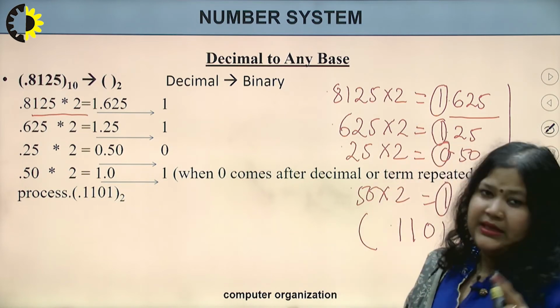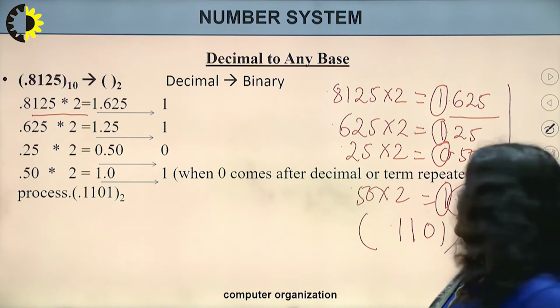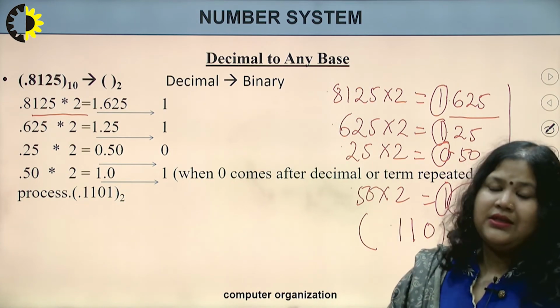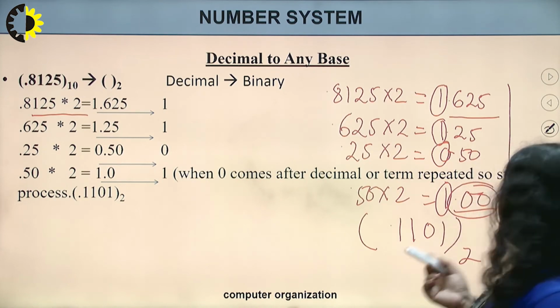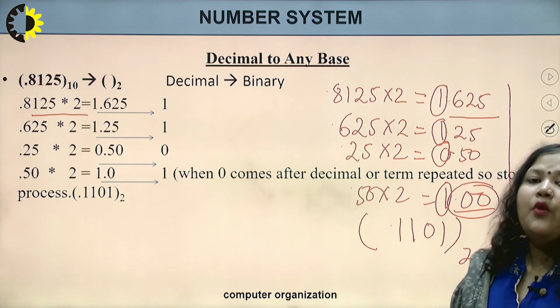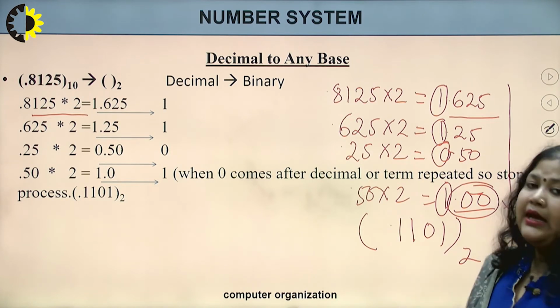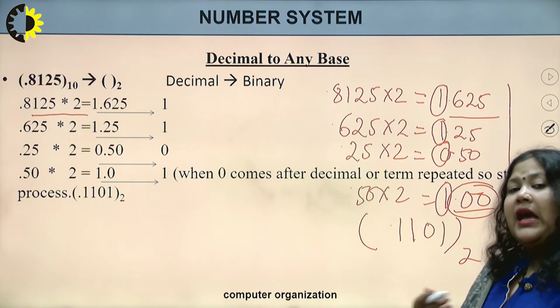How do we stop this step after the multiplication? There are basically two methods. If after the multiplication we produce 0, that is the stopping step. If after the multiplication we produce 1.00, then we stop the calculation there. The second method is when we find a repetition of values.